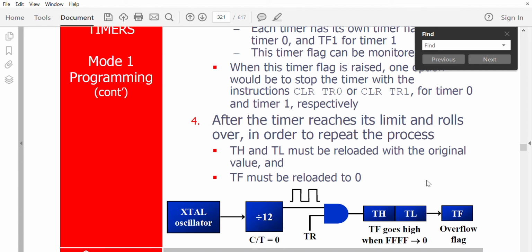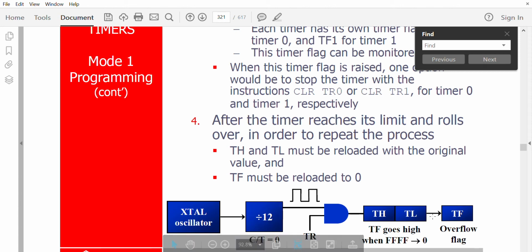First, TH and TL are loaded with an initial value. Then you will make TR equal to 1 by set bit TR0 or TR1, whichever timer you are using, 0 or 1. Then a clock will be given to the timer so that it will start to count from the initial value which you have loaded.